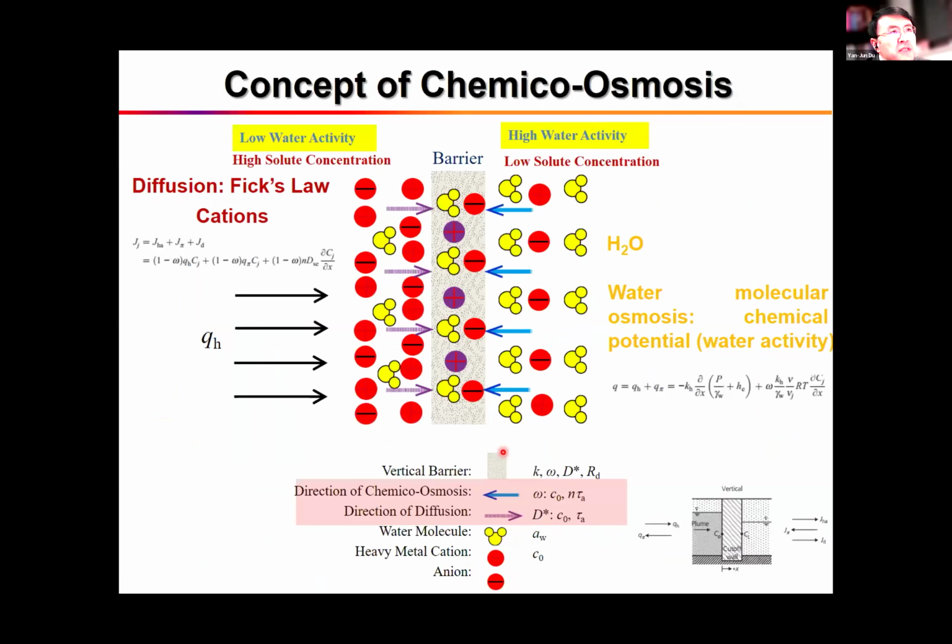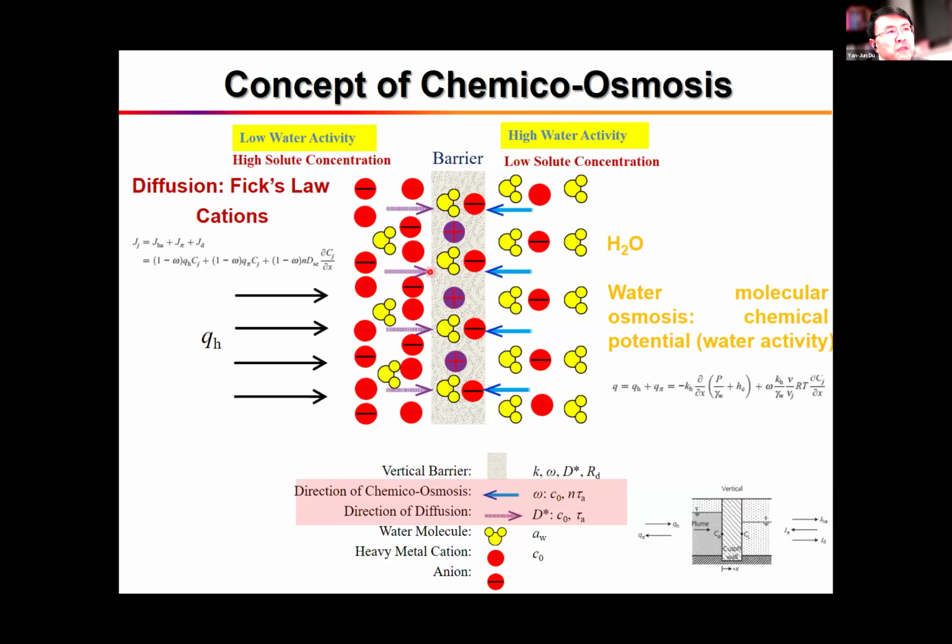So what is the concept of chemical osmosis? Here the barrier, here the solute, here the clean water. The solute will move from the left side to the right side due to the concentration difference.